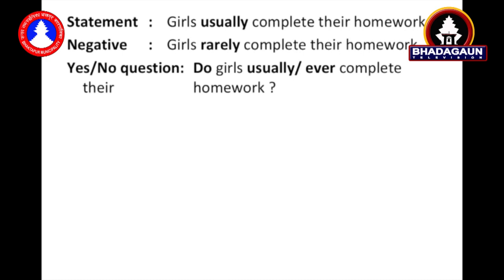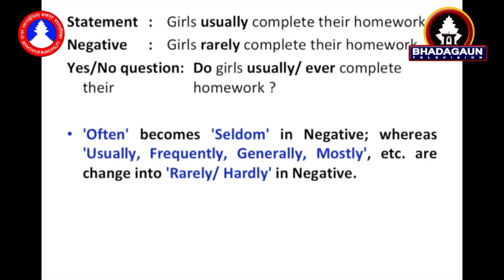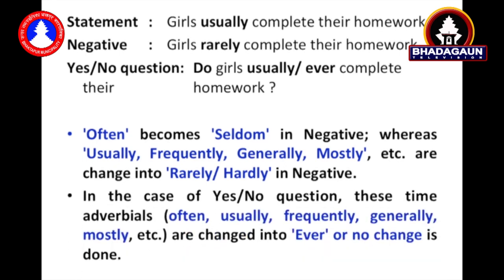Now we can come to the conclusion that often becomes seldom in negative, whereas usually, frequently, generally, mostly, etc. are changed into rarely or hardly in negative. And in the case of yes no questions, these time adverbials often, usually, frequently, generally, mostly, etc. are changed into ever or no change is done.